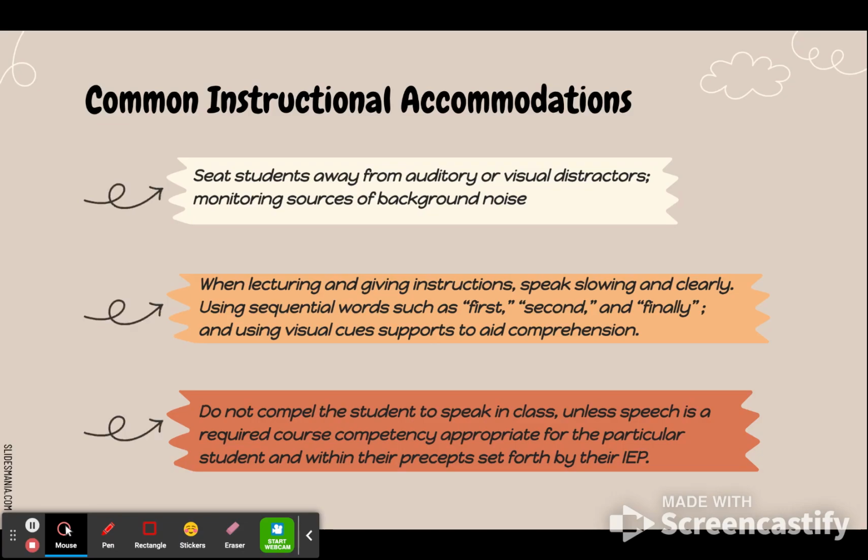When lecturing and giving instructions, the teacher needs to speak slowly and clearly, using sequential words such as first, second, and finally, and using visual cues to aid comprehension for children who have dysarthria. Do not compel the student to speak in class unless speech is a required course competency appropriate for the particular student and within the precepts set forth by their IEP.